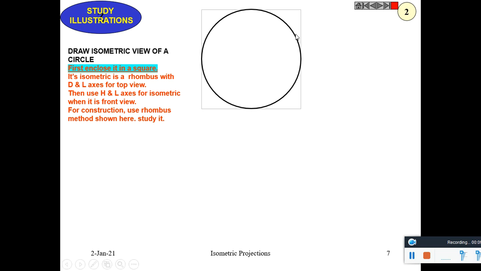Draw isometric view of a circle. First of all, enclose it in a square. So the circle is enclosed in a square. Next step is draw the isometric view of the square. Mark the midpoints.